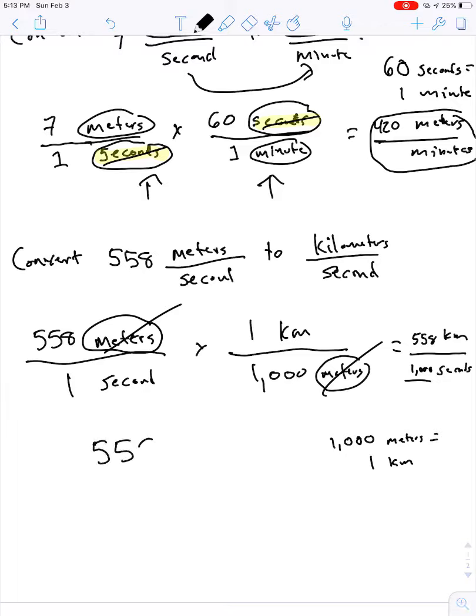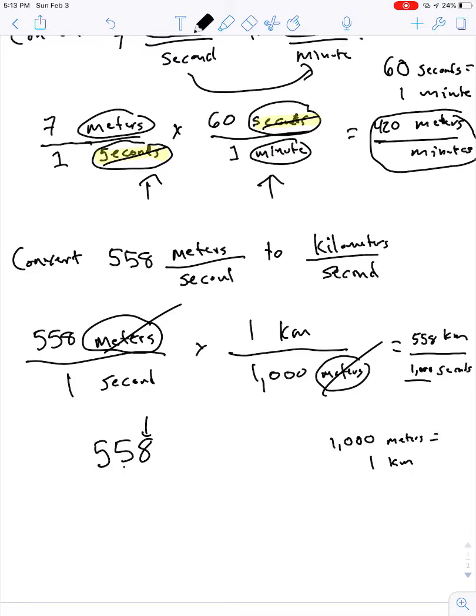Let's write the number 558. Where would the decimal go in order to make this to the thousandths place? If I put the decimal right here, I'd have 5.58, which would be 58 hundredths. That's not far enough over.